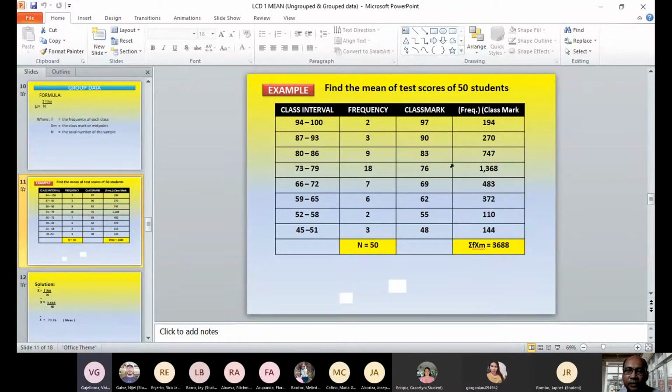The same process: you multiply. Then after that, you sum up. The summation of f, frequency, times your class mark is equal to 3,688.